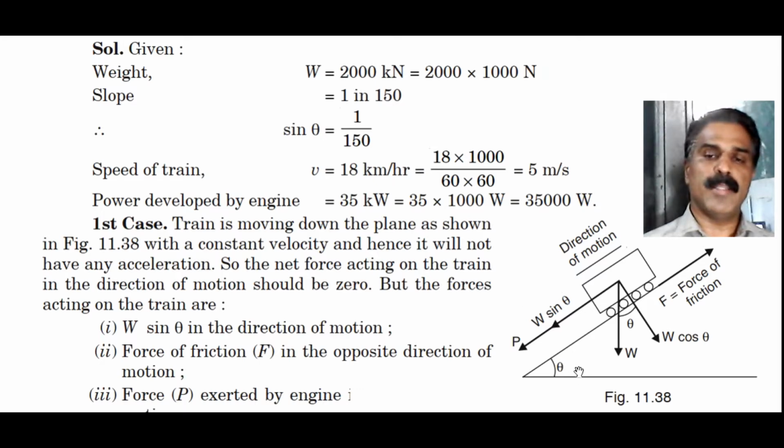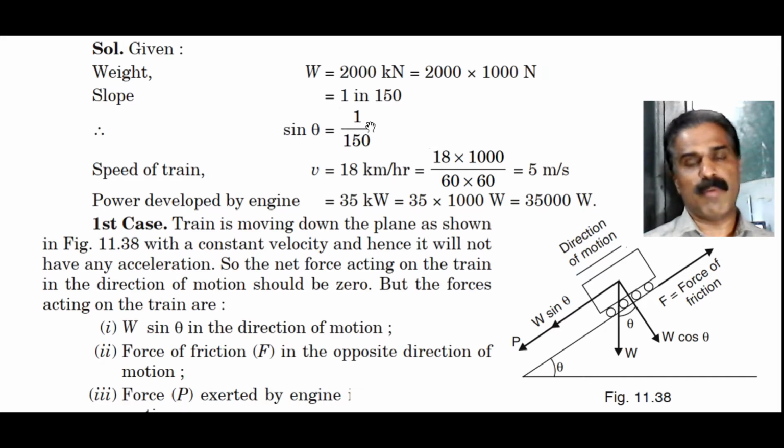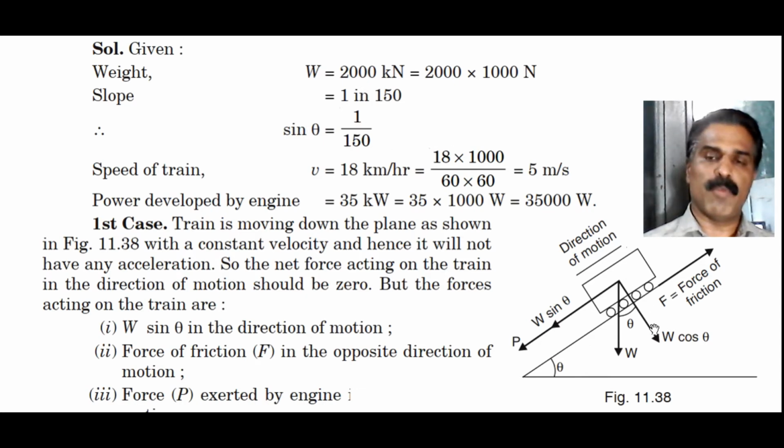Consider tan theta equal to 1 by 150. As this angle is very small, tan inverse 1 by 150 will be a very small value. For a very small angle theta, sin theta is approximately equal to tan theta. Therefore, in this case, sin theta is equal to 1 by 150.